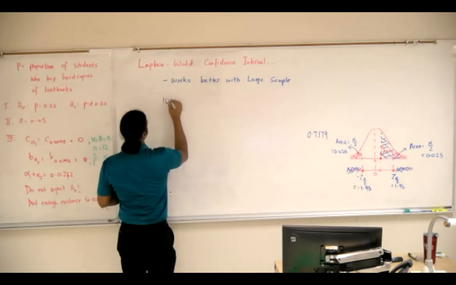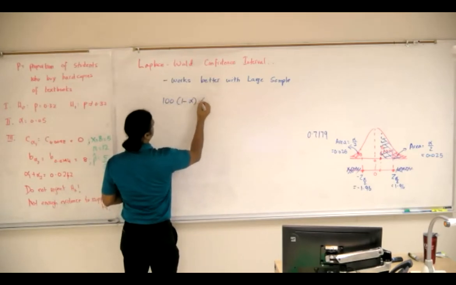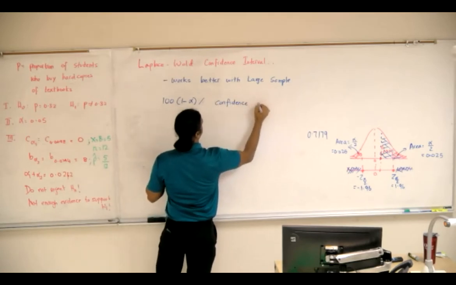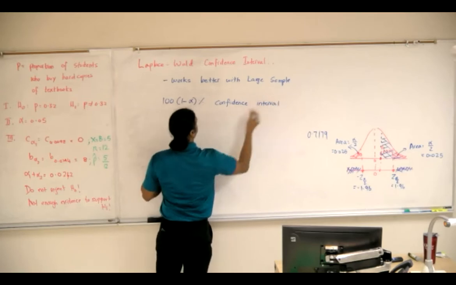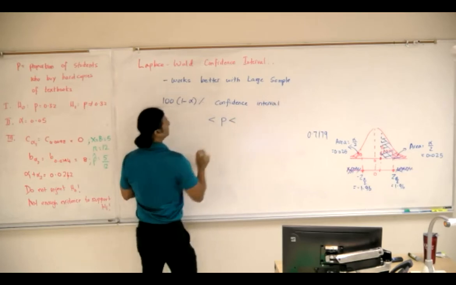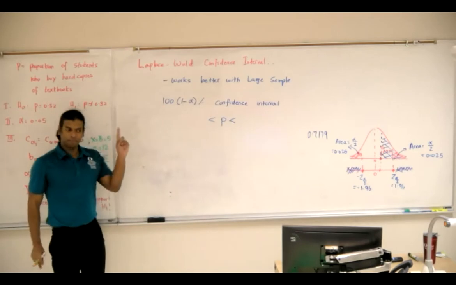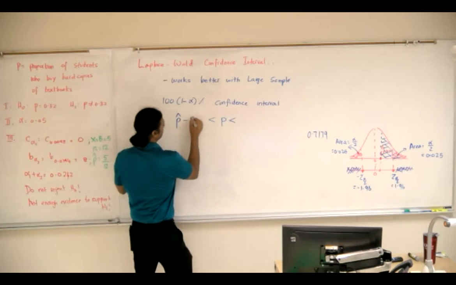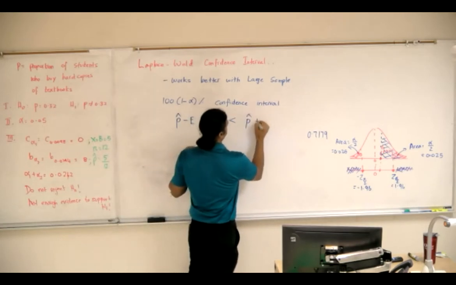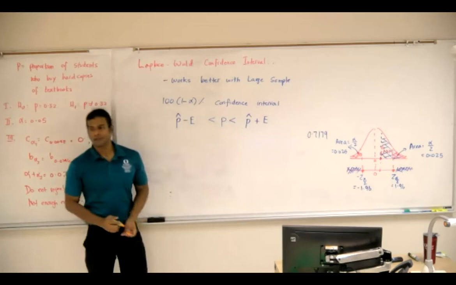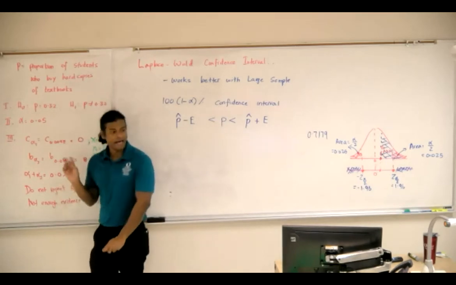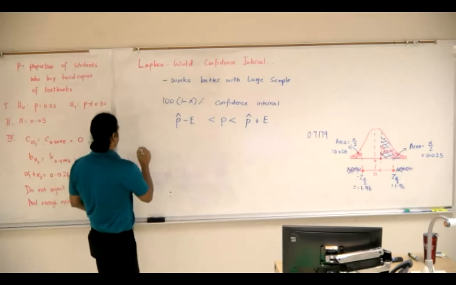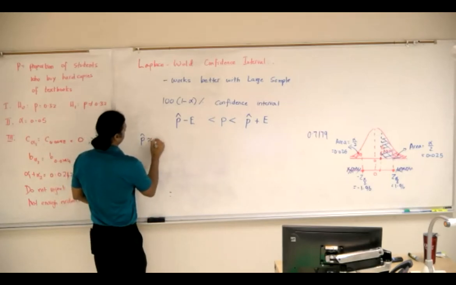So a 100 times (1 minus alpha) % confidence interval for p is simply p hat minus E and p hat plus E. We know what p hat is. p hat is 5/12, approximately 0.47.